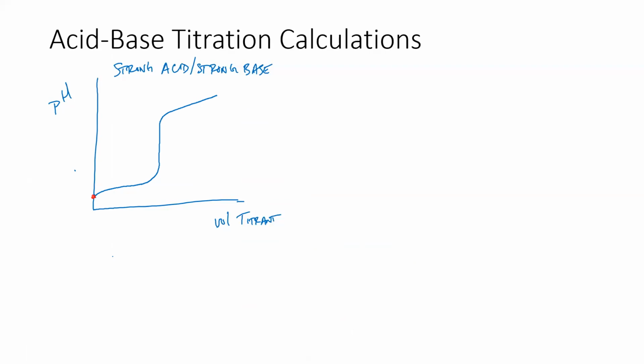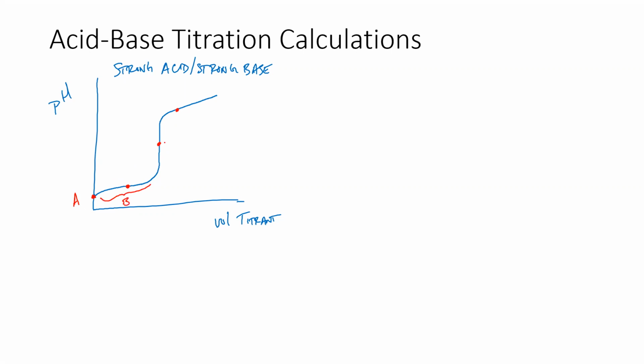We're interested in this very initial point. We're interested in some point in here between the initial and the equivalence point. And then we want to be able to calculate a pH after that equivalence point. And so these 4 points, really there's only 2 points and then 2 regions. So I'm going to label this A, and this B, but really it's anywhere in here.